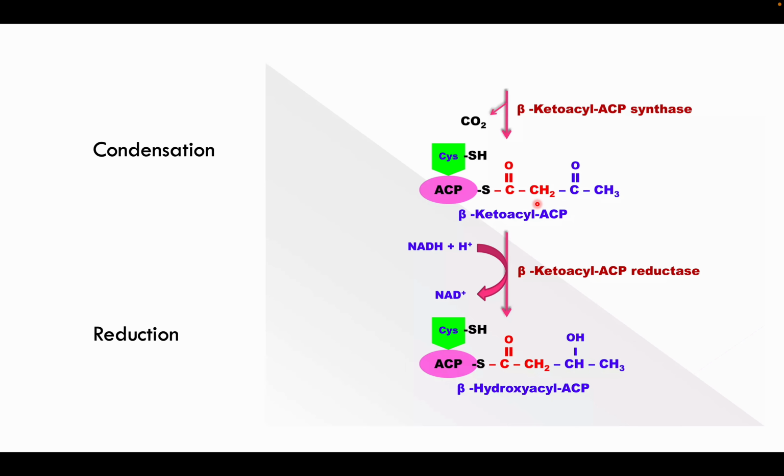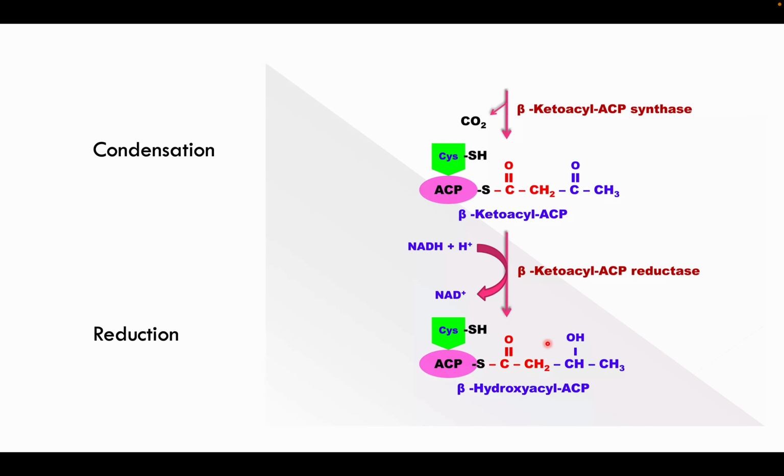So as you know, the name suggests reduction means the addition of hydrogen to this group. So with this reductase, we add hydrogen to this group. So now we add the OH group and it becomes hydroxyl. So now what we have is beta hydroxyacyl ACP.